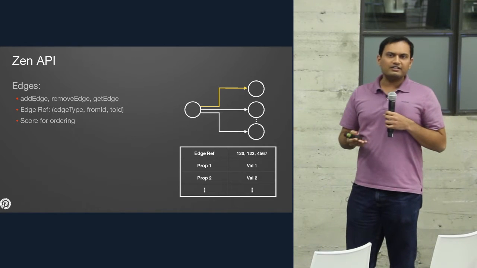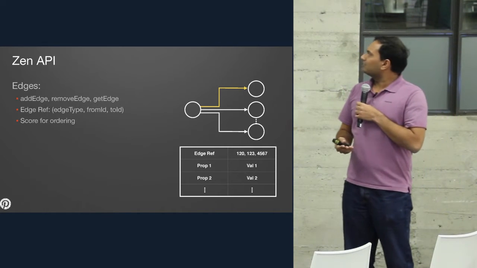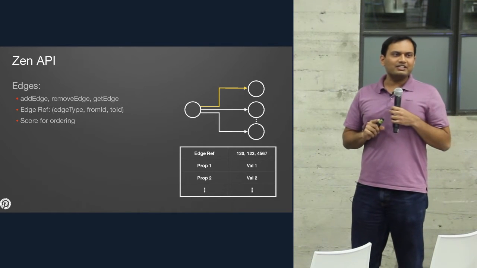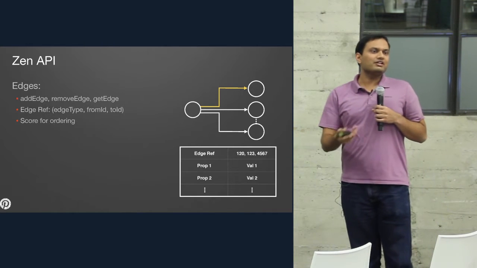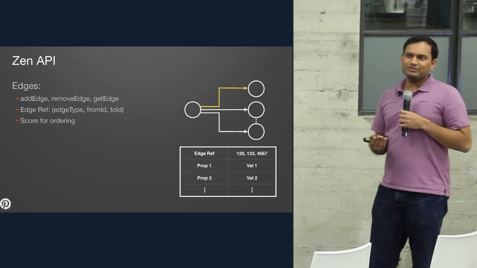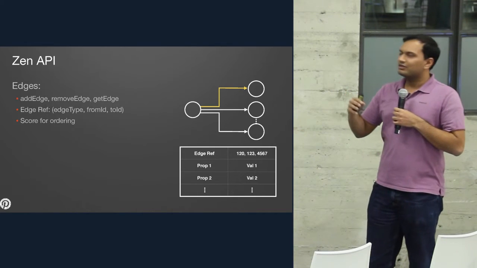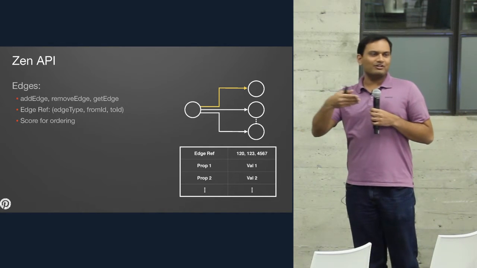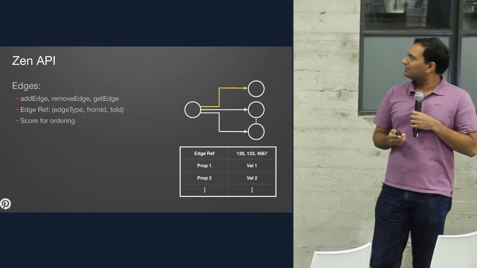All edges in Zen are directed, and you can query them from both directions. I'll get to that in a second. There's also a score associated with each edge, so whenever you're retrieving a list of edges, you can retrieve them sorted by that score. Think of when you want to get all the messages for a conversation, you might want to get them in reverse chronological order. Then you would use score to order them in that way.